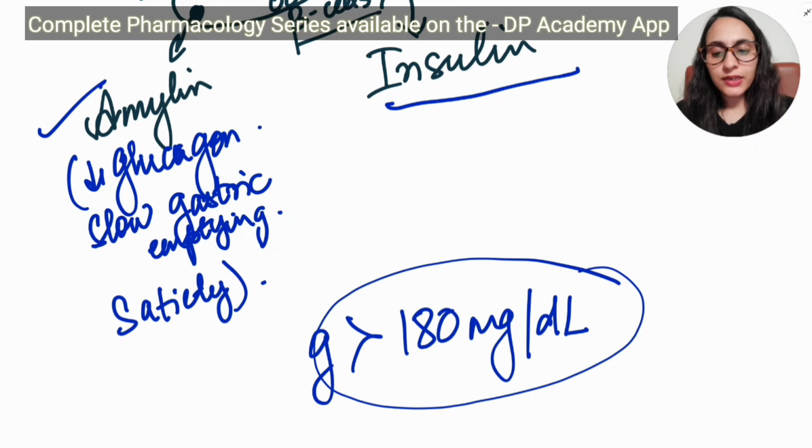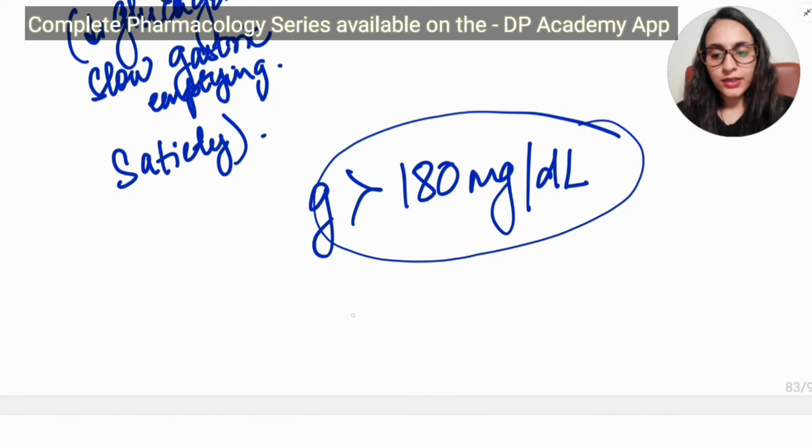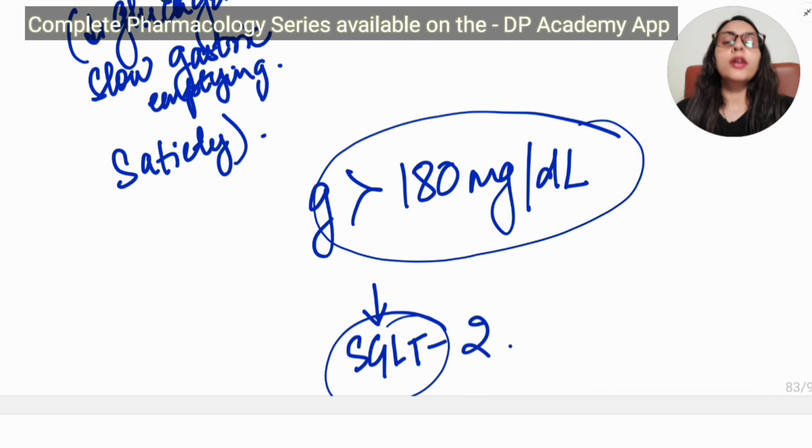When the blood is filtered in the kidneys, it takes up glucose via SGLT2, the sodium glucose co-transporter 2 majorly, and also SGLT1.